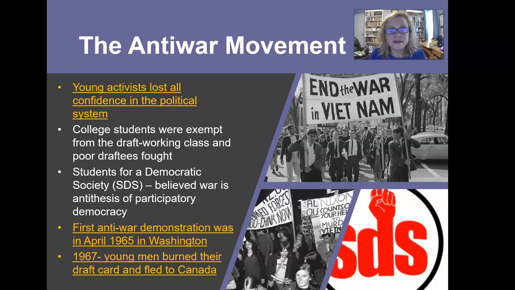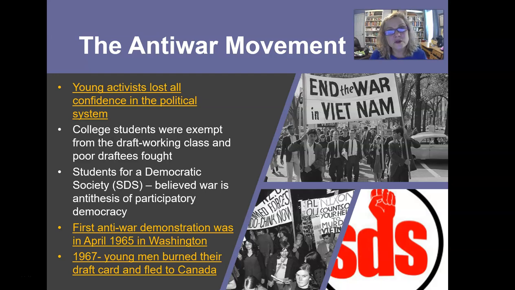He was against this because white men tend to find a way out of the draft, whereas Black men made up a much higher percentage of the people serving in the war. For instance, I think about 11% of the population was African American males, but they represented over 20 to 25% of the Vietnam soldiers. And so obviously that's a disproportionate number of people there.